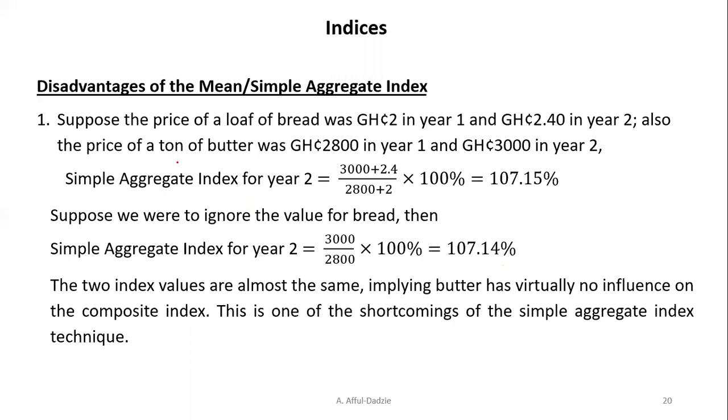However, there are some limitations to the mean and the simple aggregate index approaches. Oftentimes, we are unable to actually fish out those commodities that actually perform better. For instance, if there is a significant change in price in one of the commodities, we would want to notice that for individual products, we want to account for those significant changes that usually would happen.